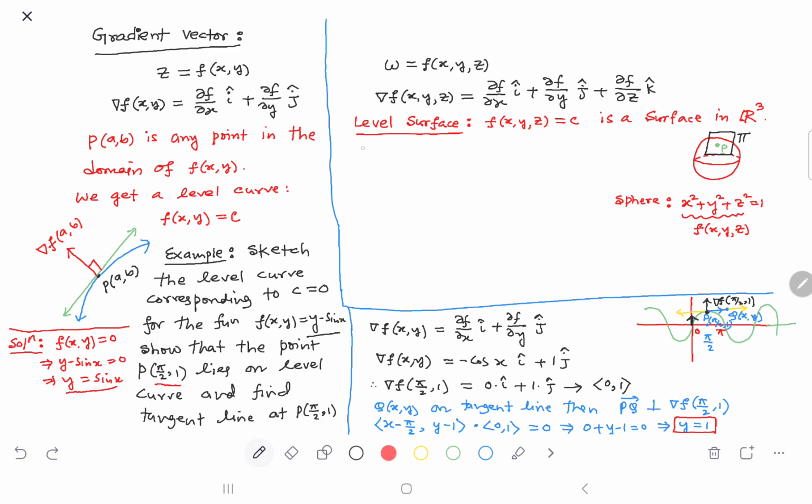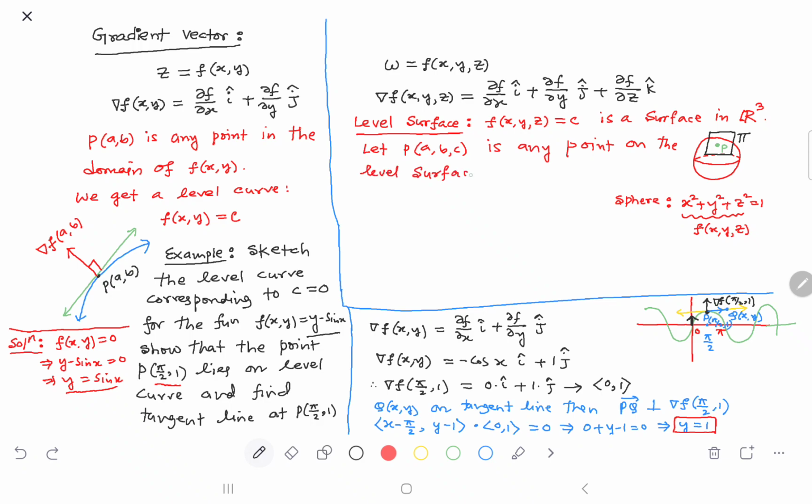Right. So let P be any point on the level surface, having coordinates (a, b, c). Let P(a, b, c) be any point on the level curve, sorry, level surface.